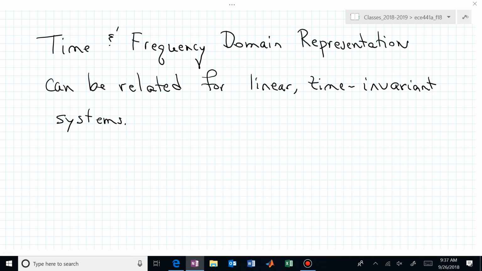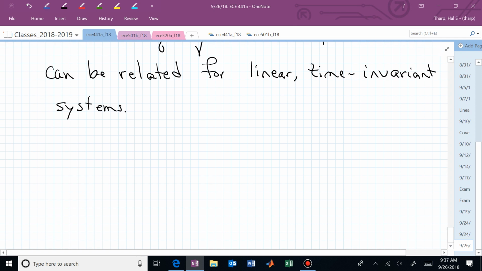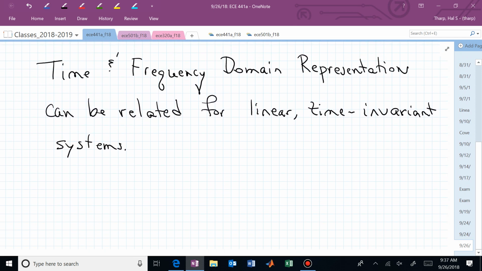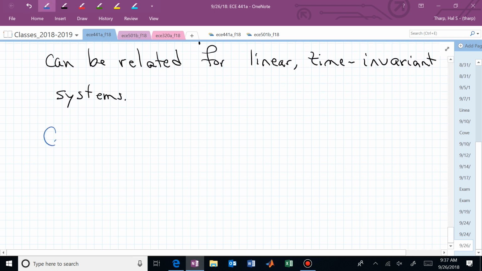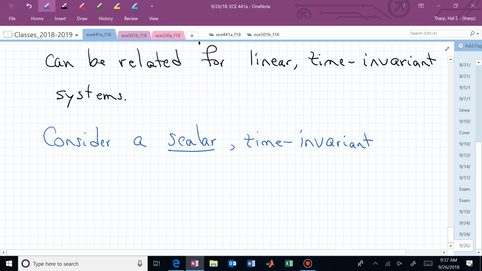Let's now start with our training wheels on and look at a scalar case of this connection between time domain and frequency domain. Let's consider a scalar time invariant system.